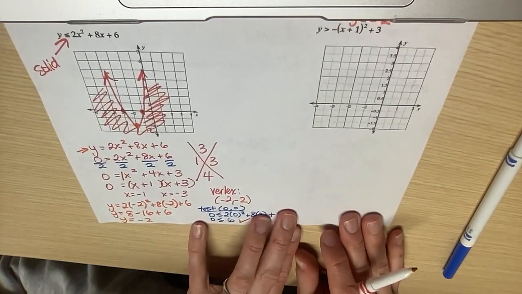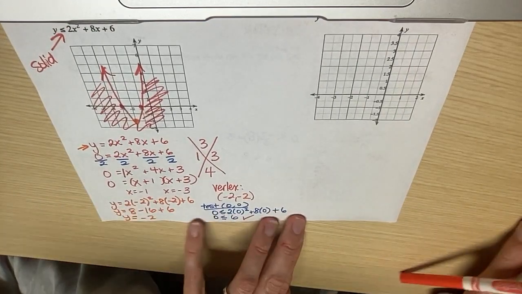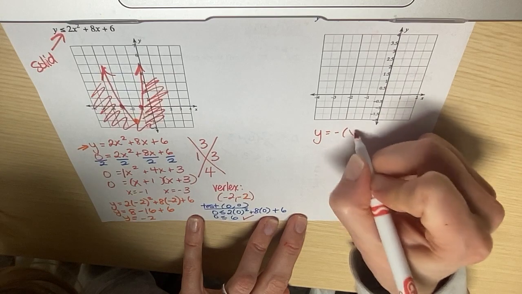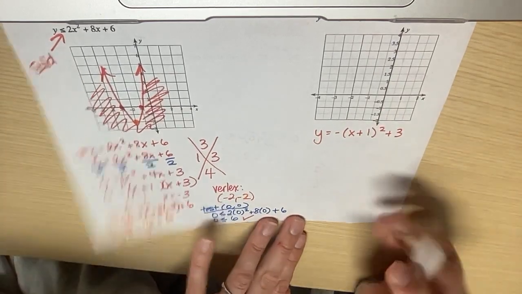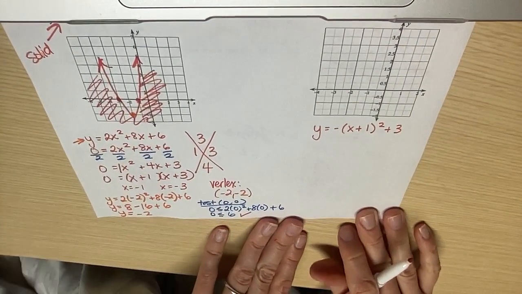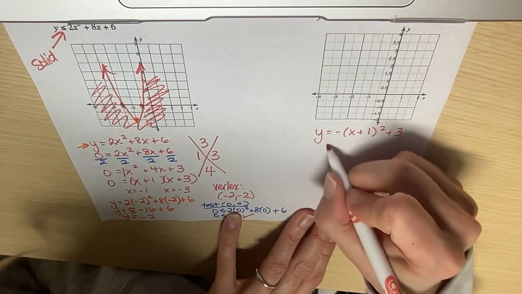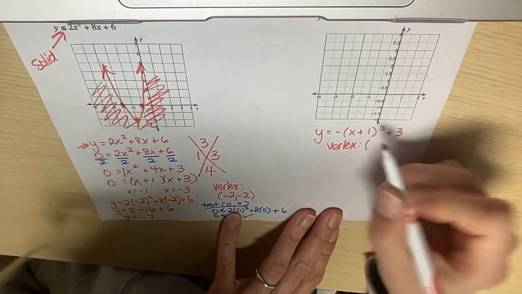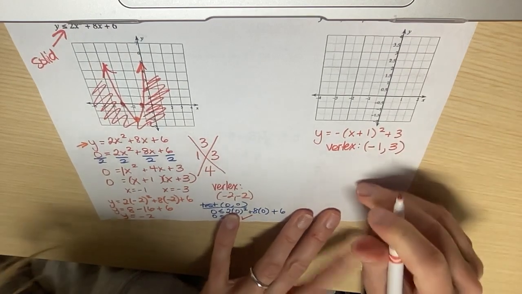Okay, last one. Make sure you pause it if you haven't already given it a try. So our equation is actually in vertex form this time, which can be easier. So I'm going to remember that my vertex is the opposite of what's with x, so negative 1 and then positive 3.